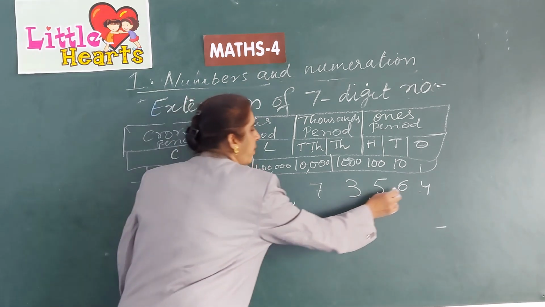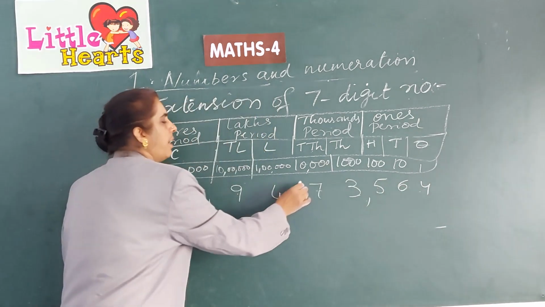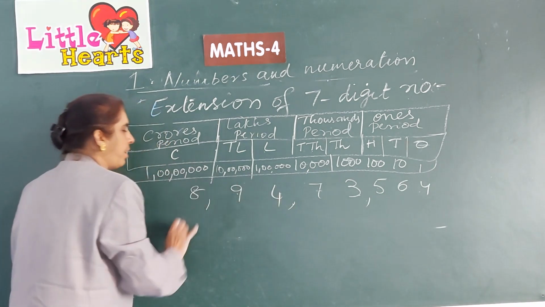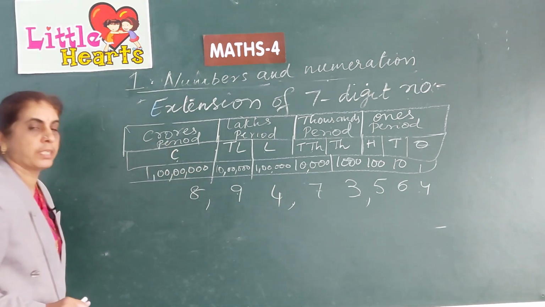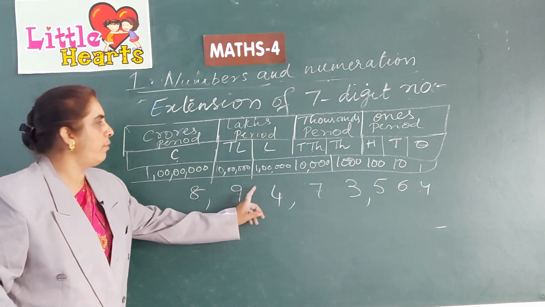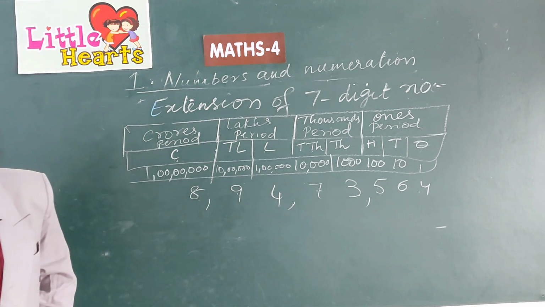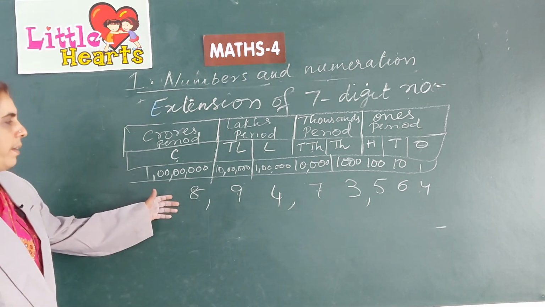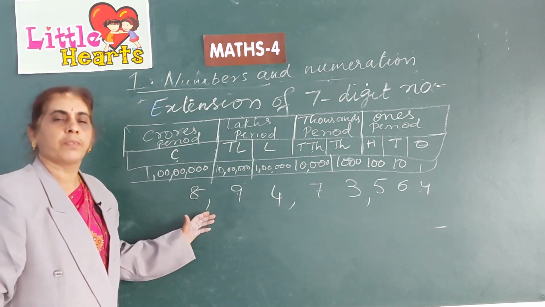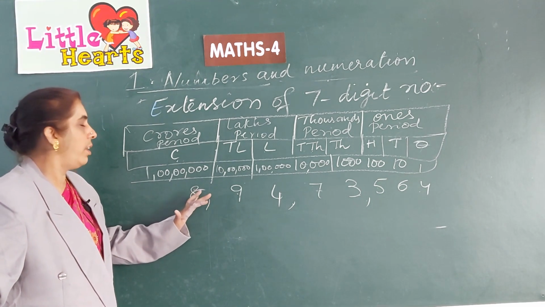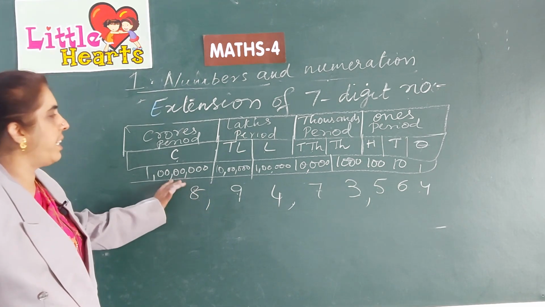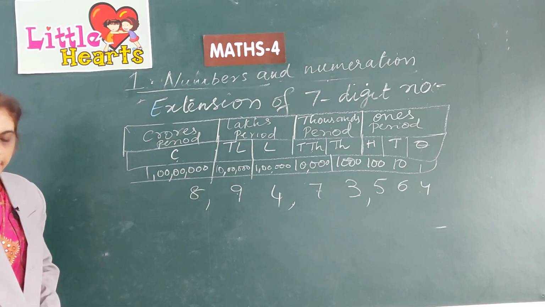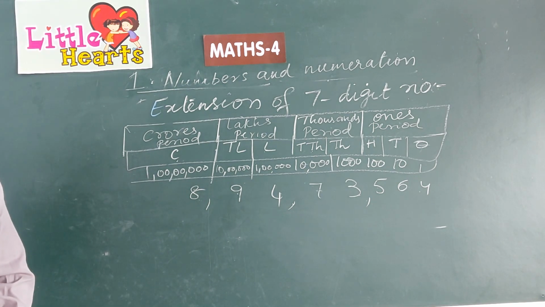Comma is first kept after 3 digits, next after thousands period 2 digits, next after lakhs period 2 digits, and crores. 8 crores 94 lakhs 73,564. In this way, you will be able to read all the 7-digit and 8-digit numbers. Coming to the international place value chart.